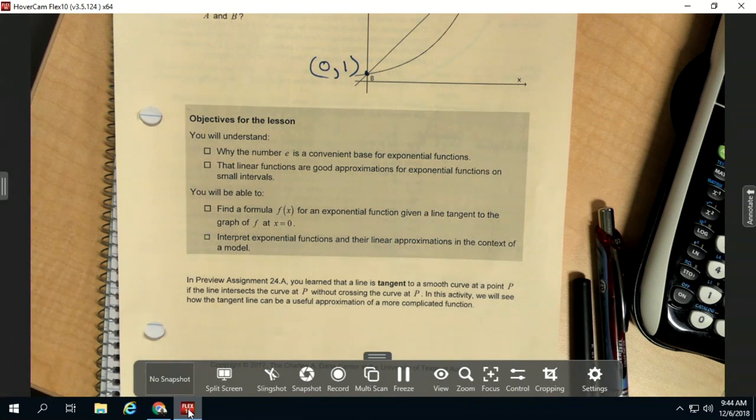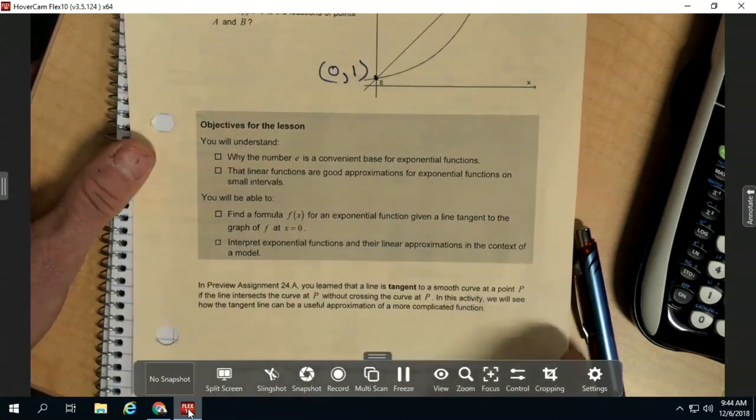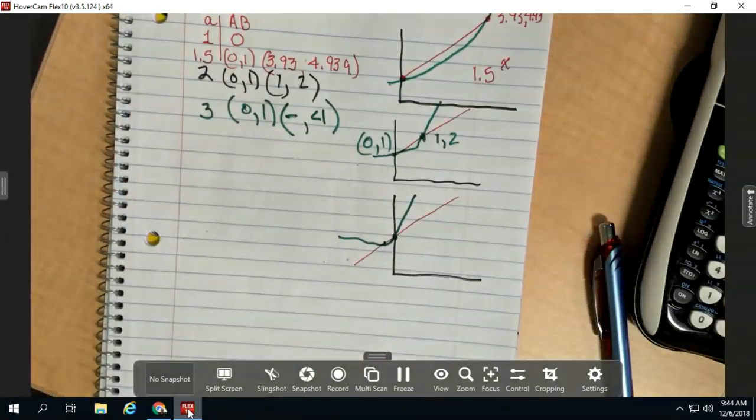So what they're asking is this. In preview 24A, you learned that a line is tangent to a smooth curve at a point if the line intersects the curve at P without crossing the curve at P. We will see how the tangent line can be useful in approximating more complicated functions.